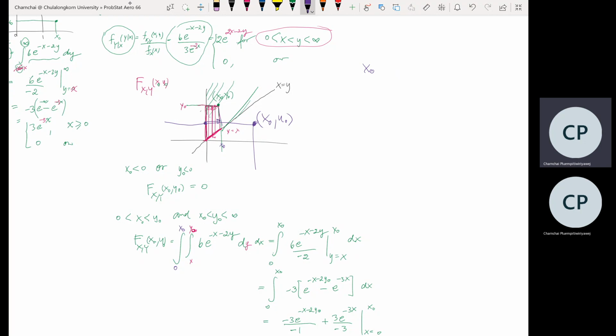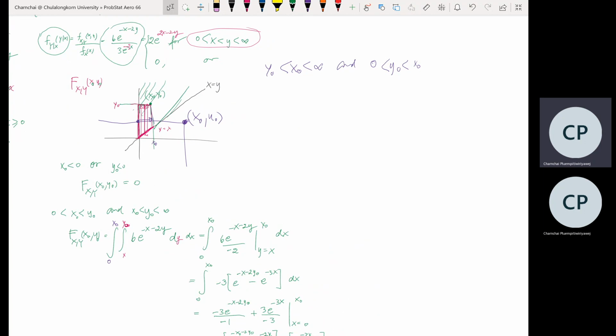x naught is more than y naught, less than infinity, and y naught is less than x naught and more than 0. Okay, this is the area. x naught more than 0, up until x naught, and y naught is between 0 and x.